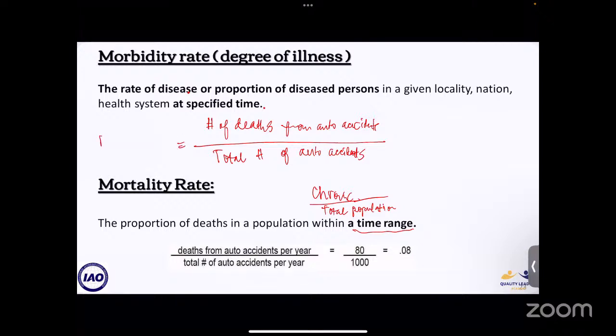This is the morbidity rate. Okay, so this is the formula: deaths from auto accidents divided by the total auto accidents in the specified period.